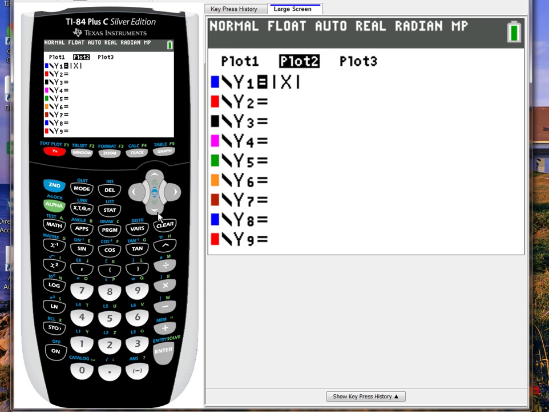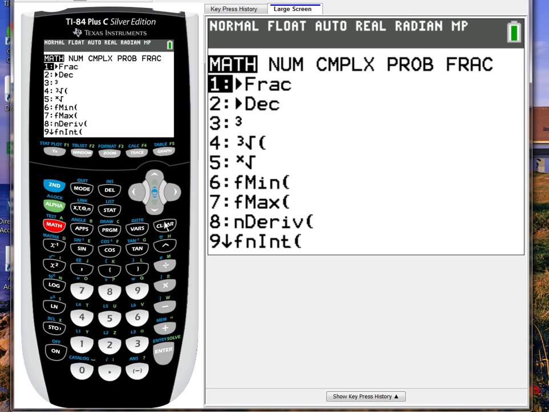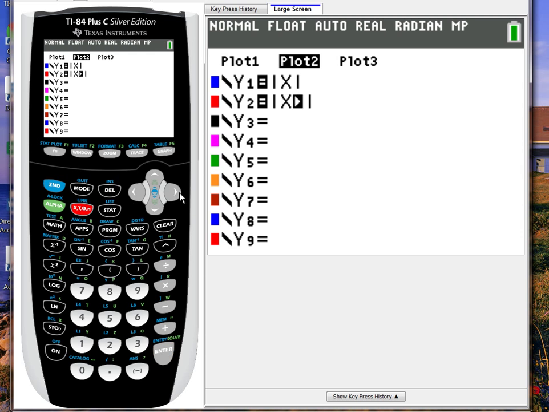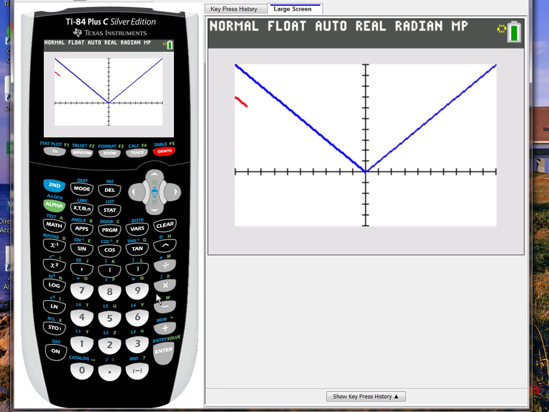And in my red graph, I'm going to put in my absolute value of x, and then outside the brackets I'm going to put minus 3. So now it's going to graph my blue parent function graph, and now it's going to graph my transformed graph in red. So take a look at what that does.